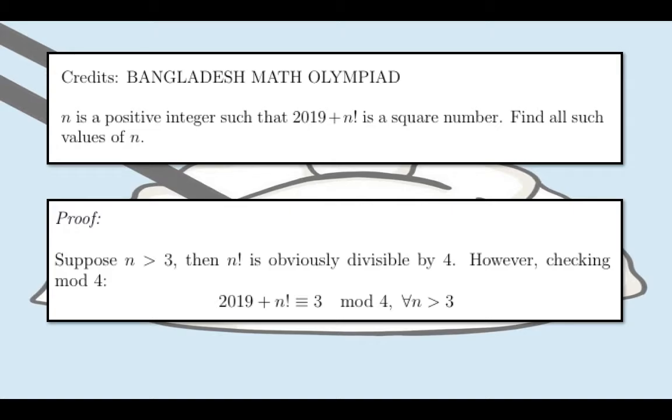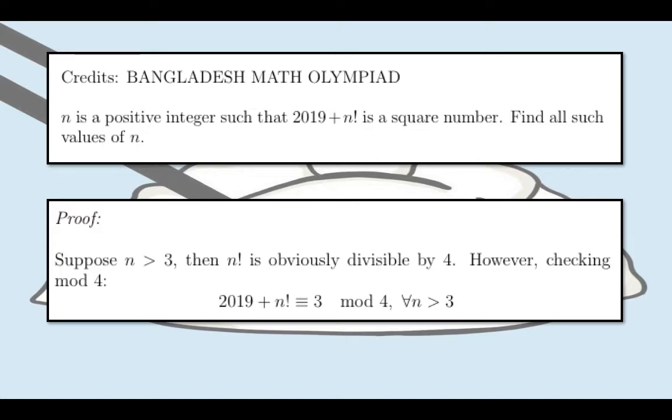Suppose n is greater than 3, then n factorial is obviously divisible by 4. That should be obvious enough. For example, if n is 5, then 5 factorial is 5 times 4 times 3 times 2 times 1, so it will obviously be divisible by 4.